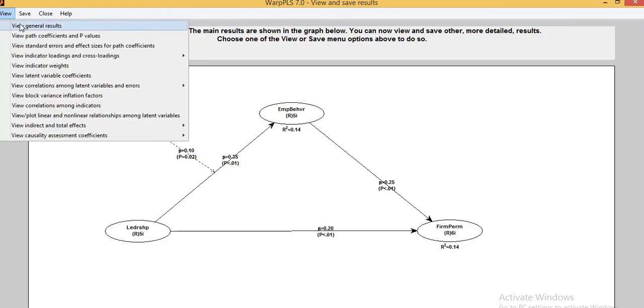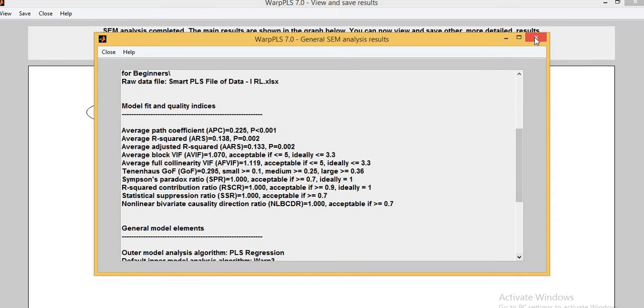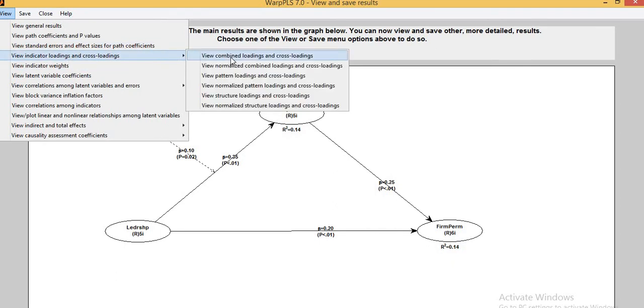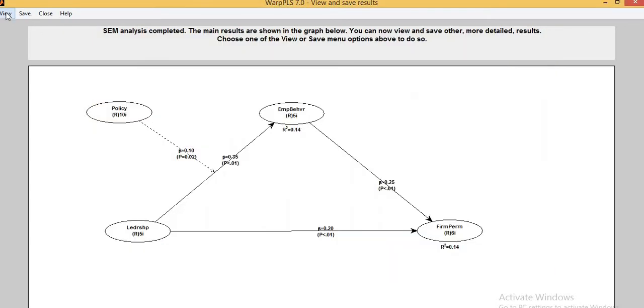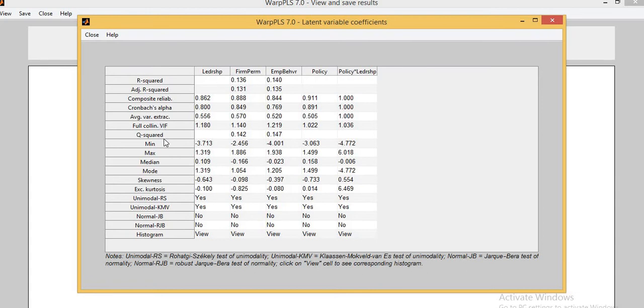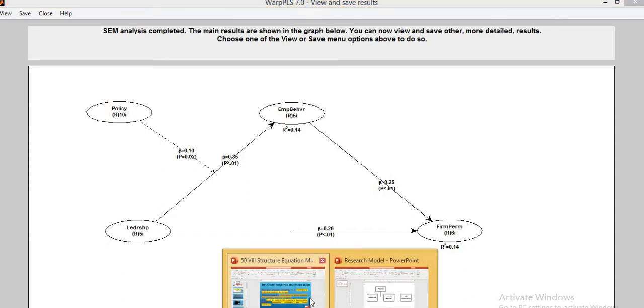So in factor analysis, you must show the model fitness, and then you need to show the factor loadings, and then you need to show the reliability, validity, and VIF, that there is no multicollinearity among the data. All these values combined are named factor analysis. And the second part is the multiple regression analysis.